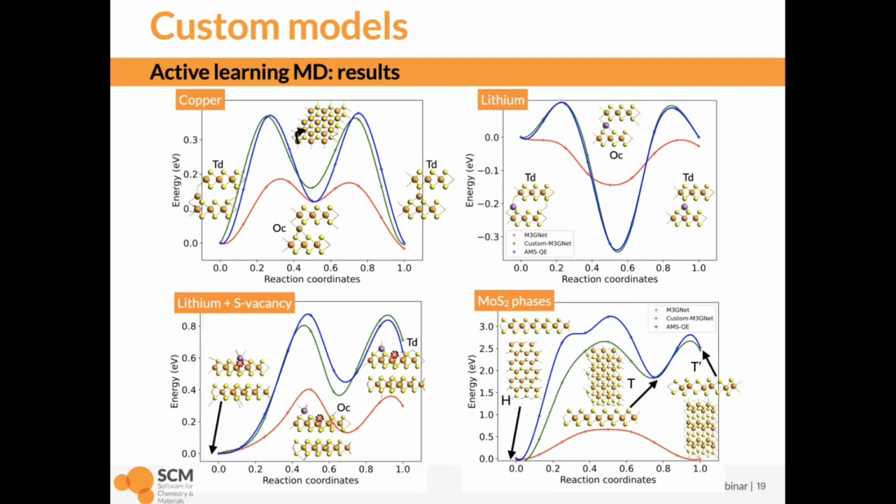Basically, I have the initial and the final structure where the ion is at 2 different sites. During the molecular dynamics simulation, I really pushed the ion around in order to cross the transition state and to really learn the potential energy surface, which is very successful at the end, as you can see. And even the different phases of MoS2 are known.